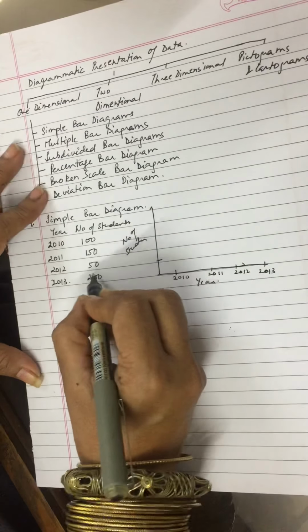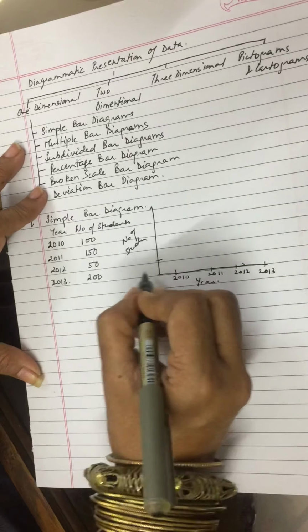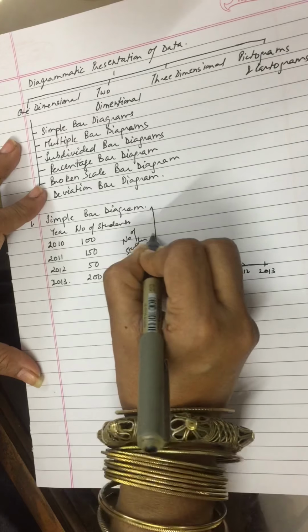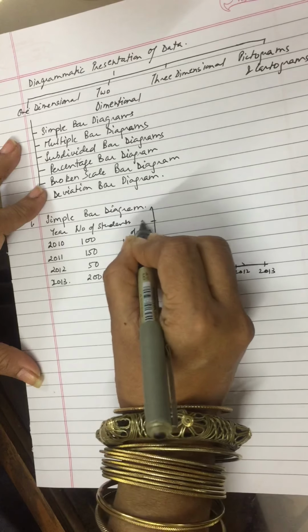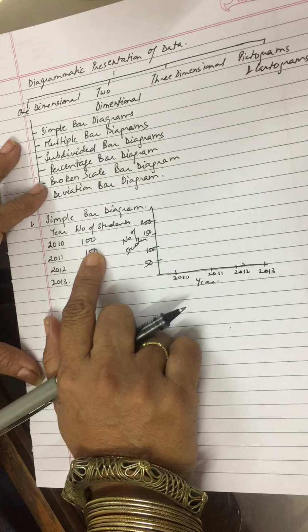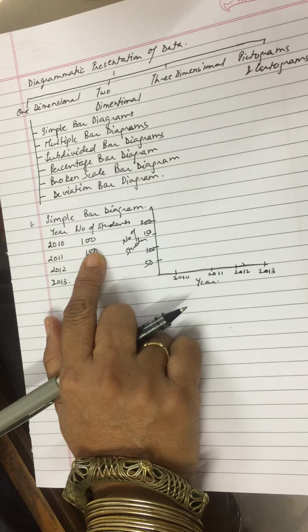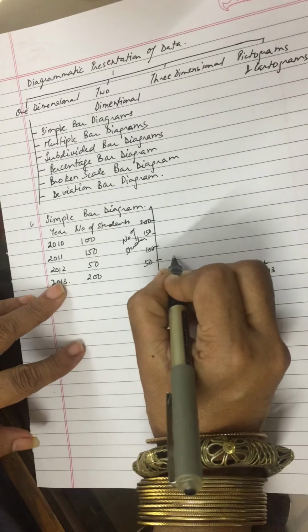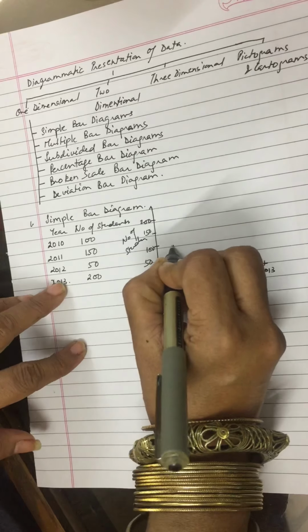Because the lowest value is 50 and the highest is 200, I am taking 50, 100, 150 and 200 as the values. Now for the first year, the data is 100.